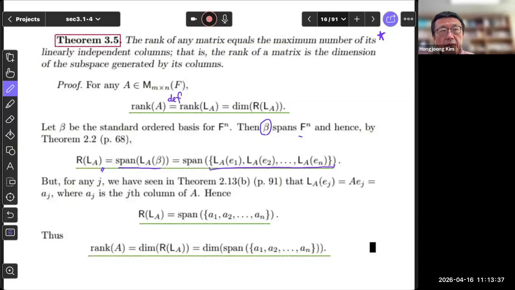Okay. Now, for any j, L sub A times E sub j will be the jth column of A, right?